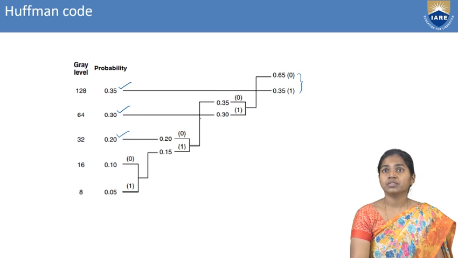Add these two, 0.20 and 0.15, to get 0.35. Here it is 0.30.